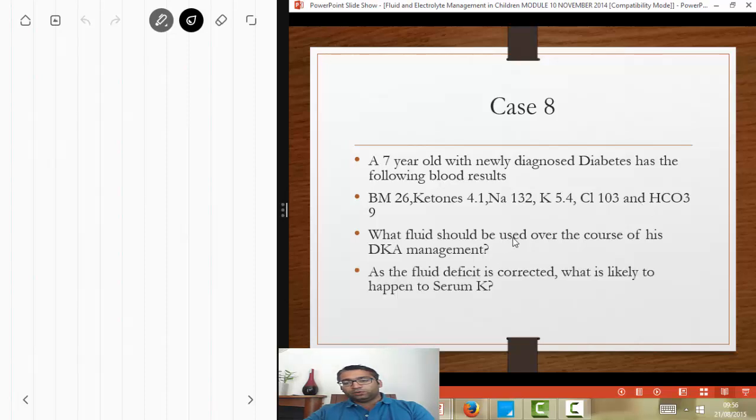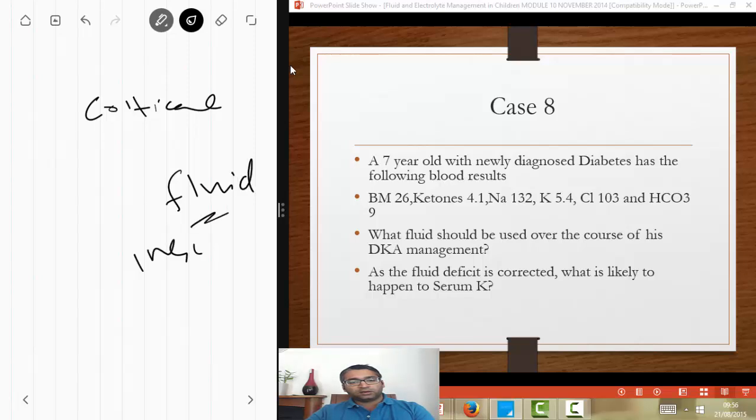So what fluid should be used over the course of the DKA management? Now the critical thing to consider in DKA management is to give fluid first and insulin afterwards. So always in that order, fluids first and then insulin, not the other way around.